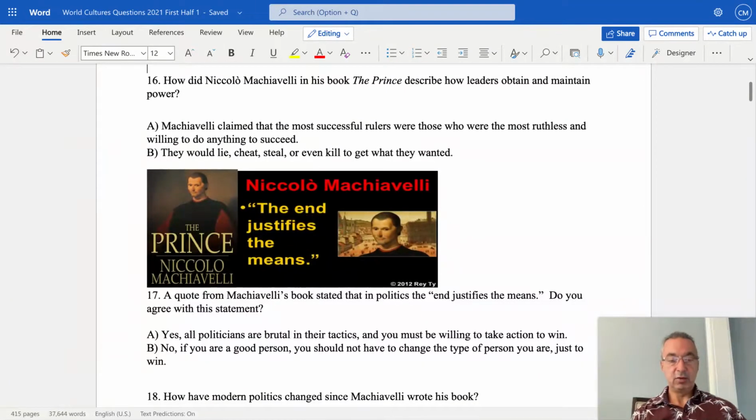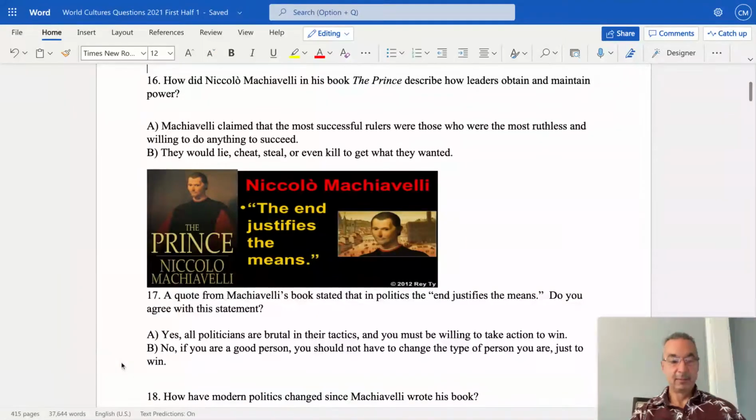So you could answer, yes, all politicians are brutal in their tactics, and you must be willing to take dramatic steps, even if they are somewhat towing the line of corruption or even something illegal in order to get into your position. No, if you're a good person, you should not change the type of person you are just to win an election. I would assume most people agree with the no aspect, but probably understand that yes happens probably too often within society today.